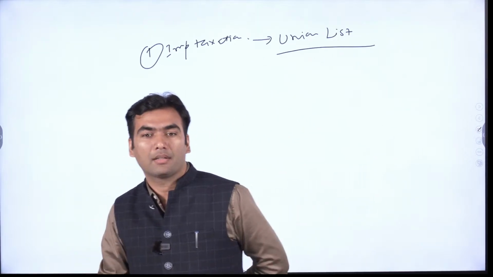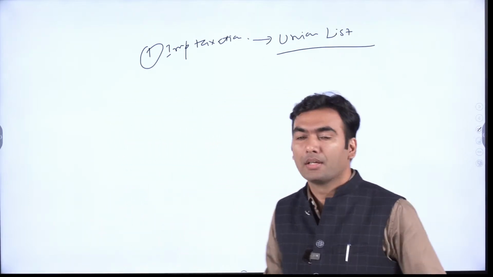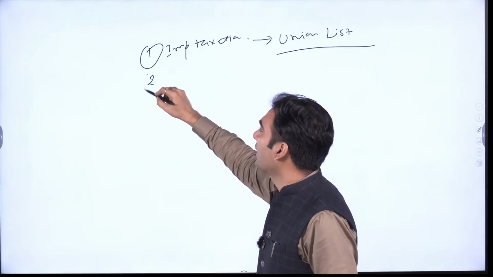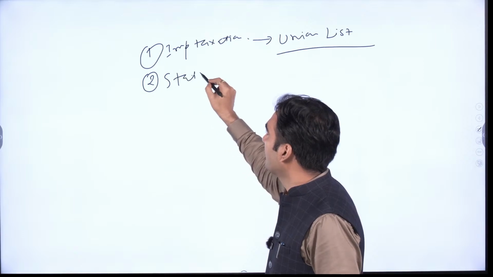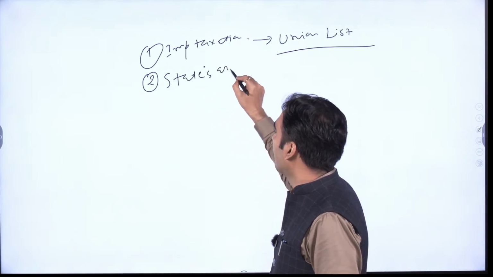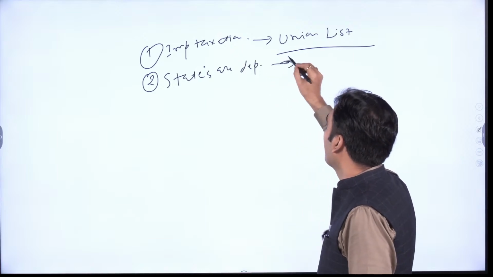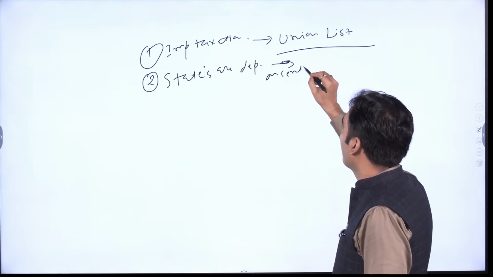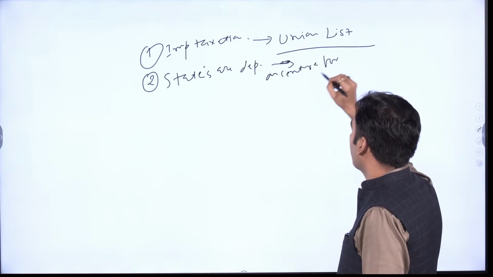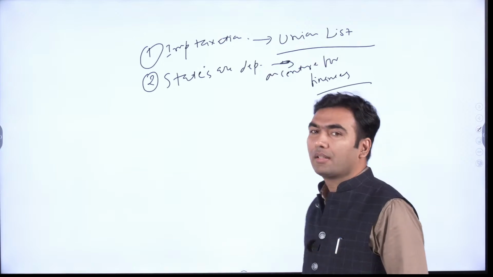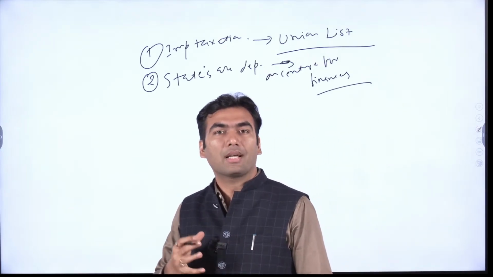The second important thing here is that because of this, states are dependent on the center for finances, and this is something that the constitution makers had also realized.